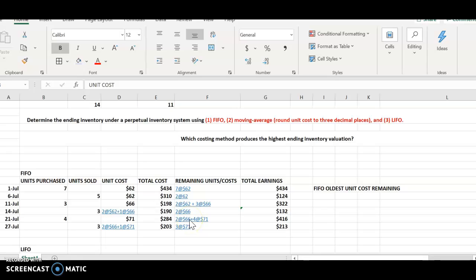When we do this math, the total cost will be 203.